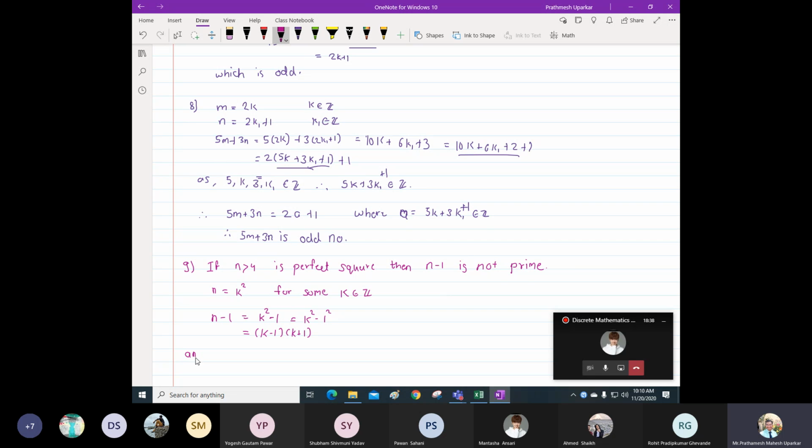And can I write k minus 1 is equal to n minus 1? Or k plus 1 is not equal to n minus 1. Therefore, okay, let me give you one way to imagine this.